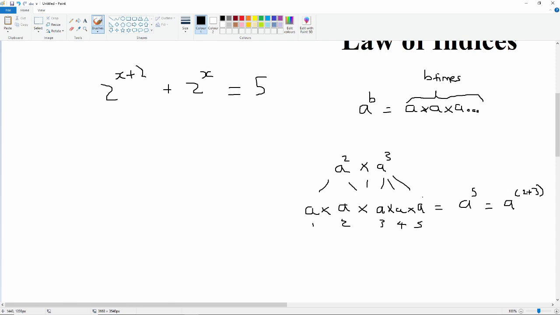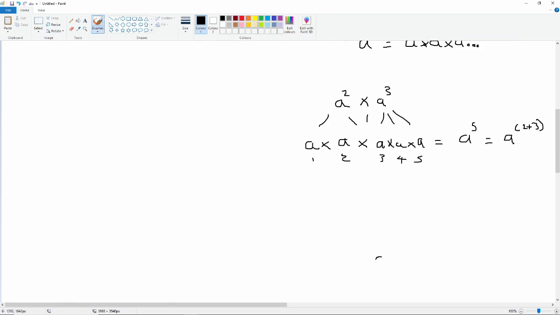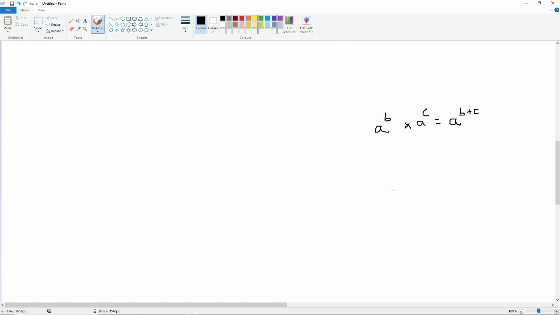Which brings us to our first law of indices, that a raised to the power b multiplied by a raised to the power c is equal to a raised to the power of b plus c. Now let's say we've got 2 to the power of x plus 2.